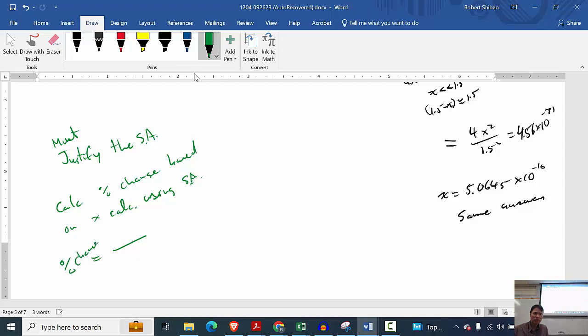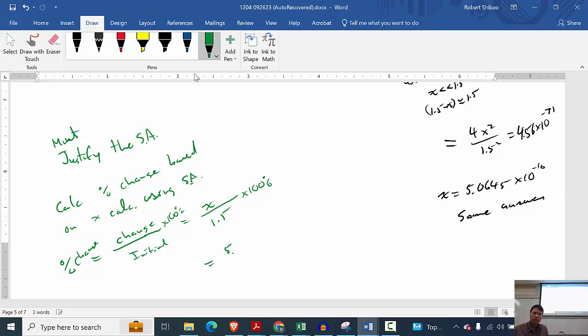So the percent change is going to equal the change. The change is either going to be x, 2x, 3x, whatever, divided by the initial. So in our case, the change was x, and the initial was 1.5. And then we just convert that to percentage times 100%.